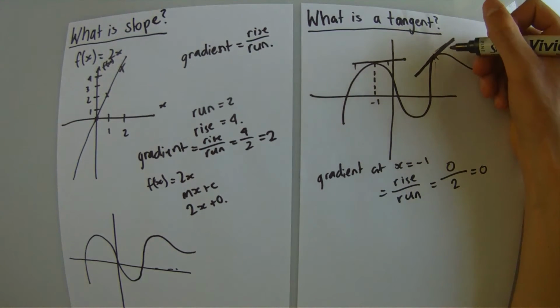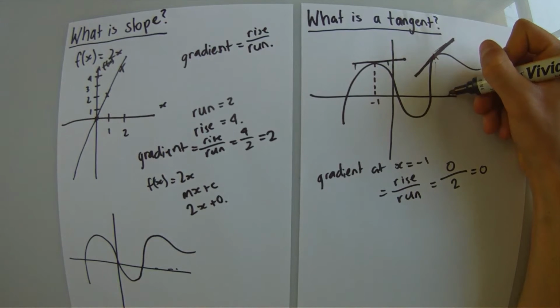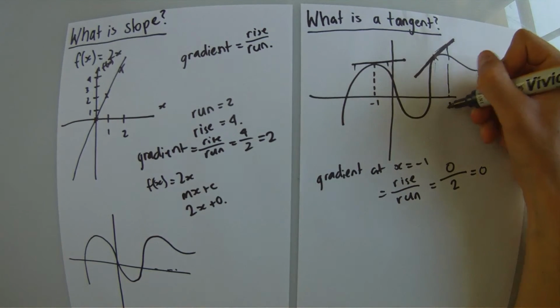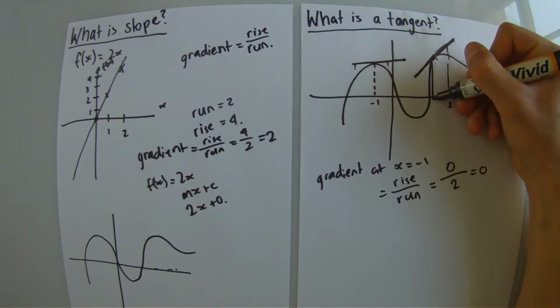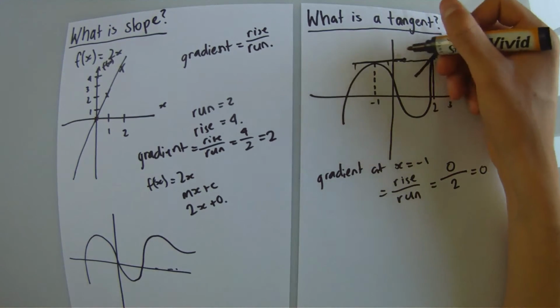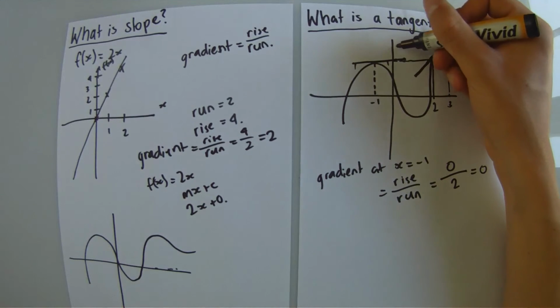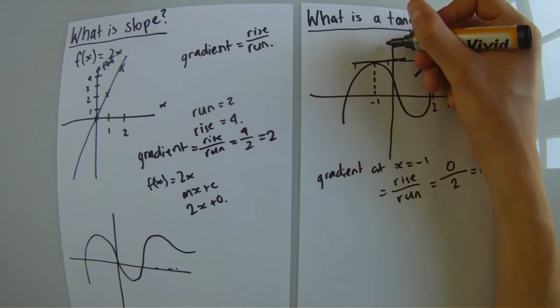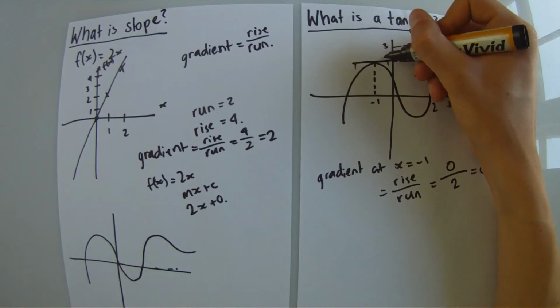So we could do it at this point. If we take this point here to be 3 and this point here to be 2, we'll move across to here, and roughly we'll call this 3 and 2.